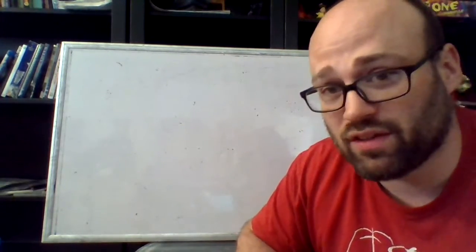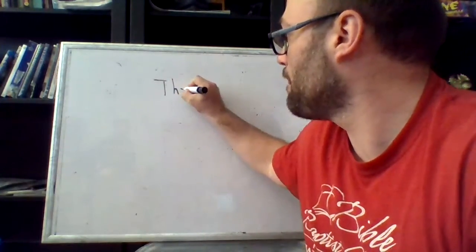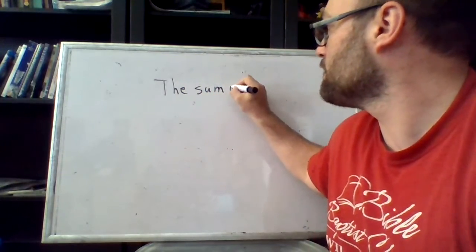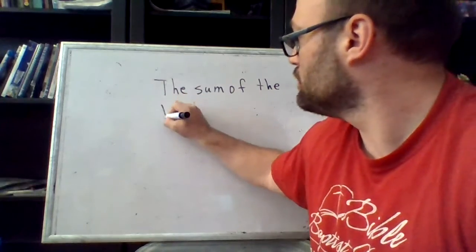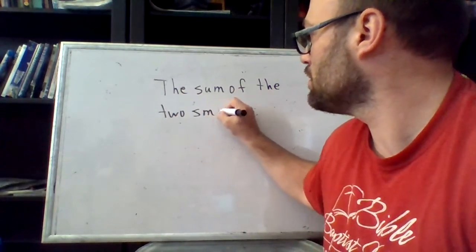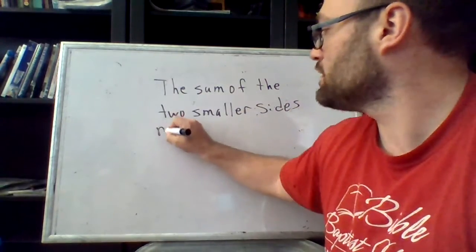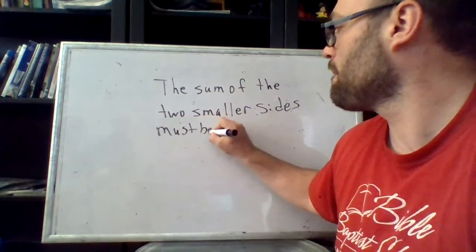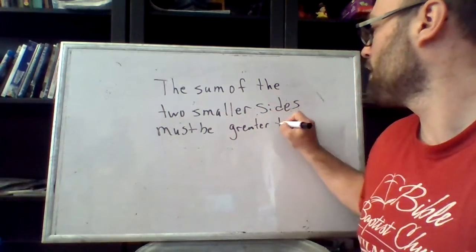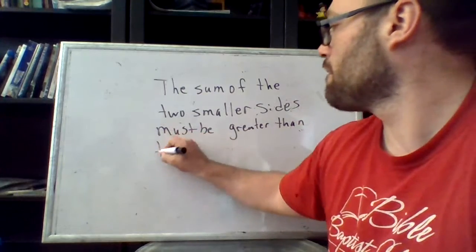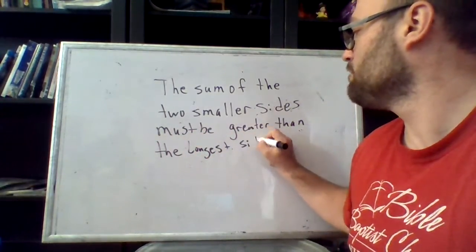The triangle inequality theorem states that the sum of the two smaller sides must be greater than the longest side.